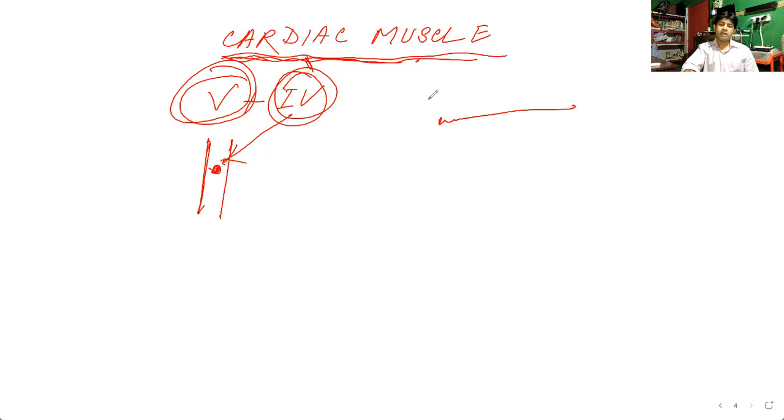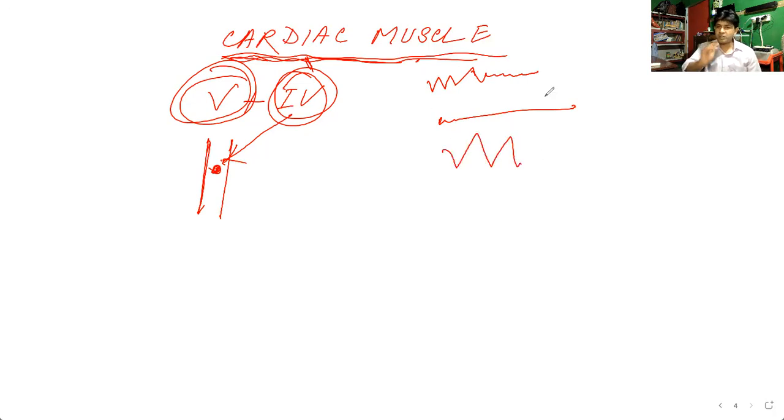That means they start to contract and relax when the baby is born, and it stops when a person dies. That means the whole life, without any rest, they are contracting and relaxing.